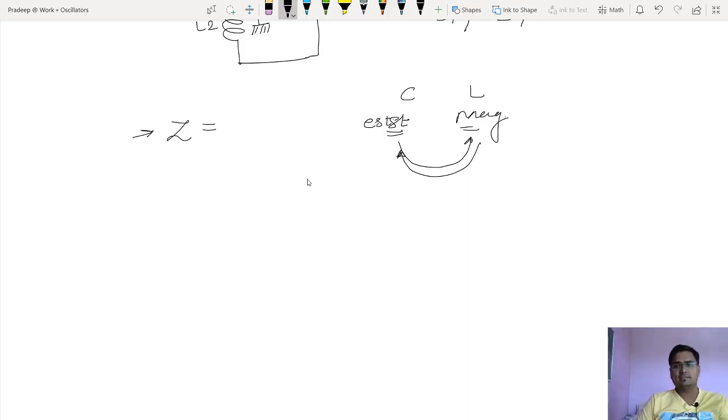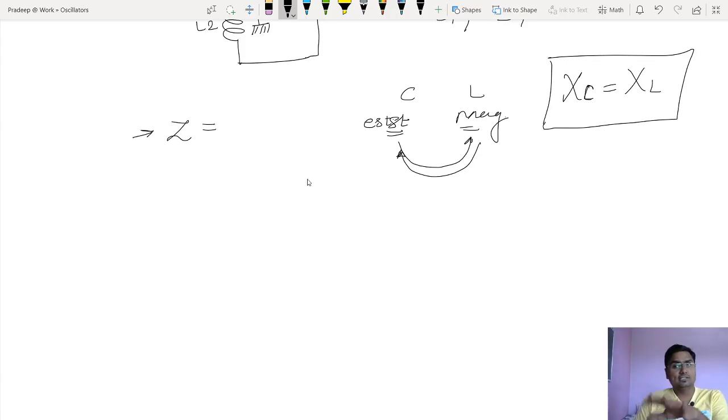Whenever there is an exchange of energy, it is possible only when they match impedance. When the impedance matches, only then is it possible. That's why I'm interested in Z, because at resonance, that is when XC is equal to XL, I get sustained oscillations. That is what resonance is.